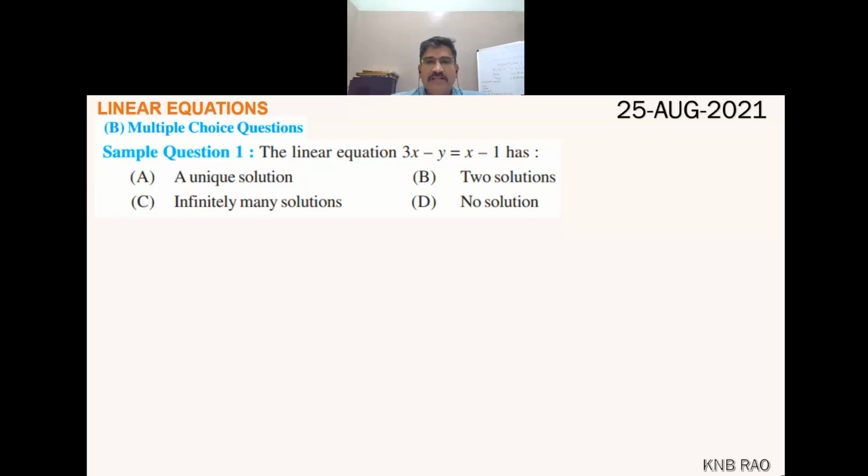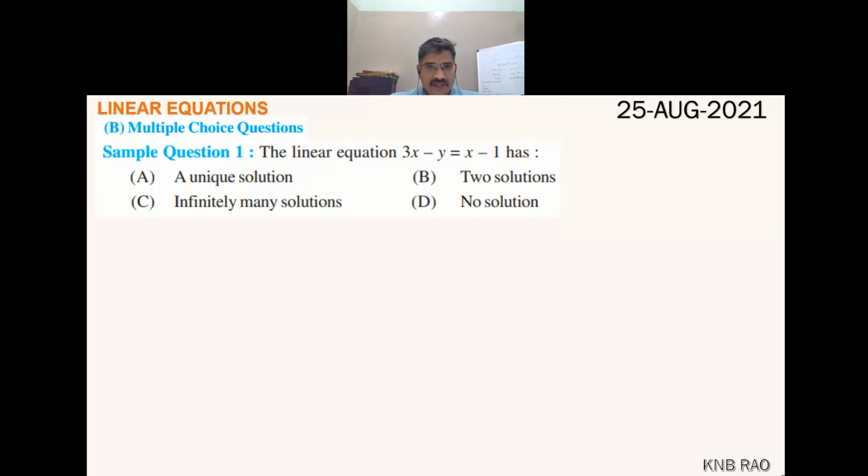The linear equation 3x minus y equals x minus 1 has options: a unique solution, two solutions, infinitely many solutions, and no solutions.